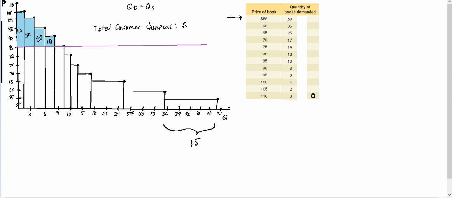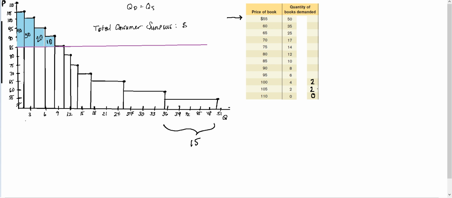Okay. Then the price again drops to 100, and we have 2 more people come to the market. Again, that is represented in the width of our bar here. Then the price drops again to 95, and we have 2 more people come in, 2 more, 2 more, 2 more.